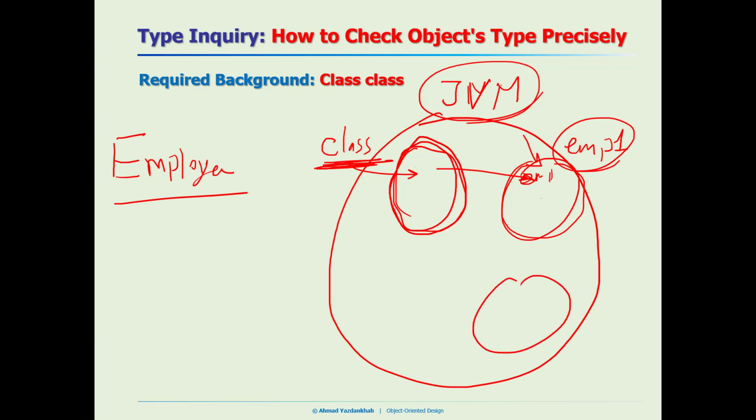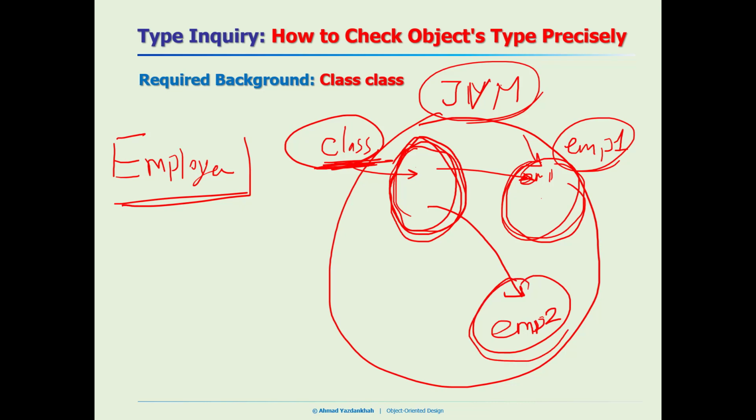Let's call it employee 2. Employee 2 is another object created from this employee class. But for all of them, only one class object will be created internally. And this class object will handle and keep track of whatever these objects are doing.